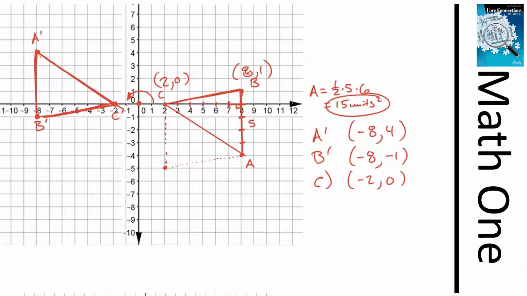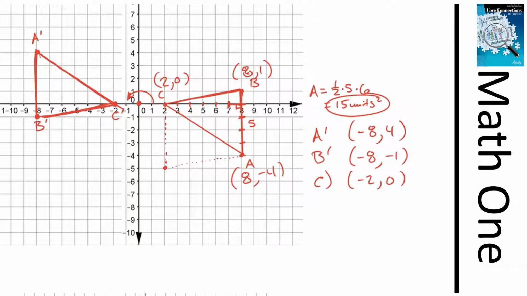Notice it went to (-2, 0). The opposite of 0 is still 0, so it became the opposite. And A, probably the best evidence of all, A was at (8, -4), and notice where A ends up: A goes to (-8, 4).